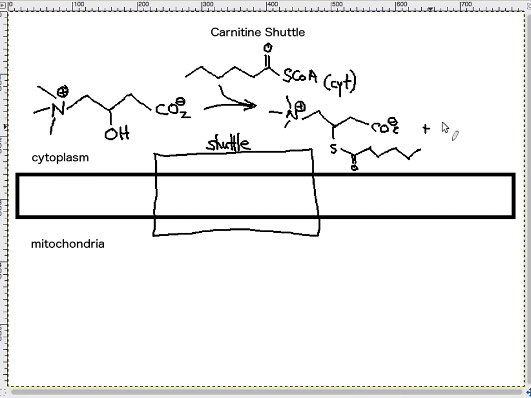Now we've spit off our CoASH here. This actually is an oxygen, not a sulfur group. So we've coupled our acyl group to the carnitine molecule, and the carnitine can be actively shuttled through the mitochondrial membrane, ending up on the other side, right?